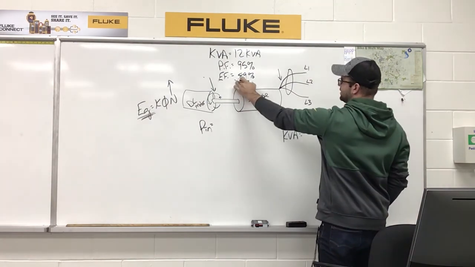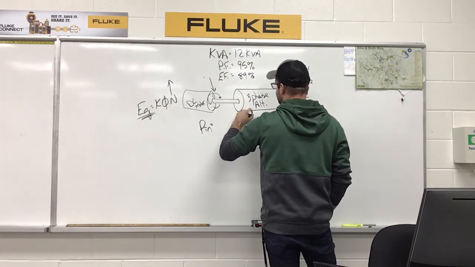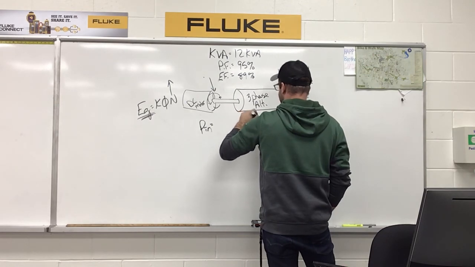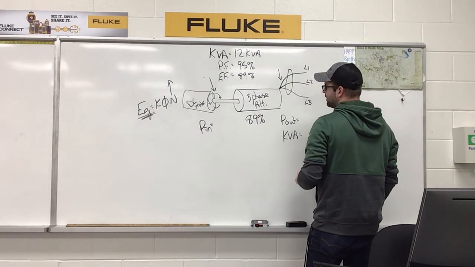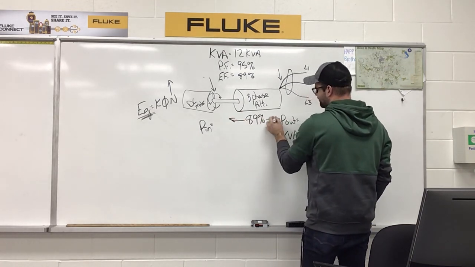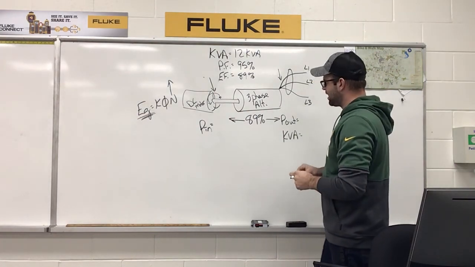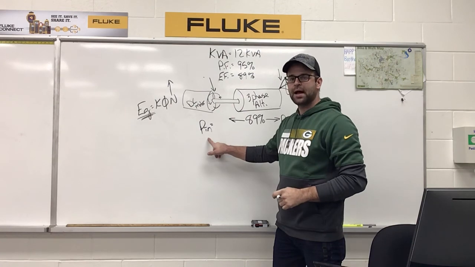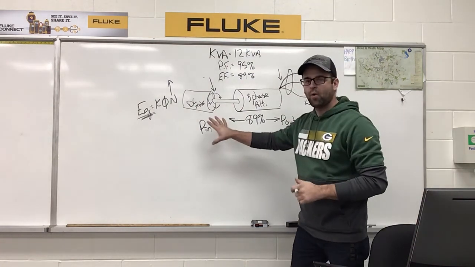The efficiency of our alternator is due to the losses through our alternator. So there's 89% efficiency, so there's no way of us being able to increase power from this side to this side. The value always has to be smaller.